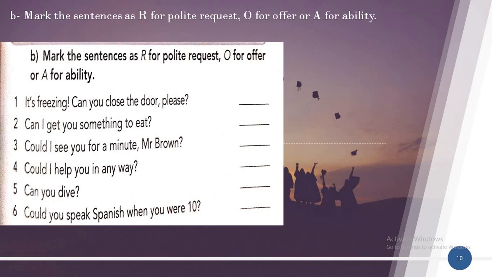Five, can you dive? Six, could you speak Spanish when you were 10? So please reread the sentences and think about the answer. Is it a polite request, an offer, or an ability?